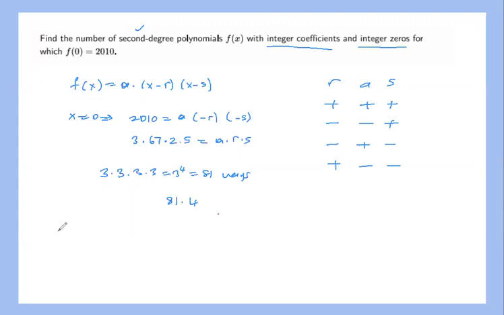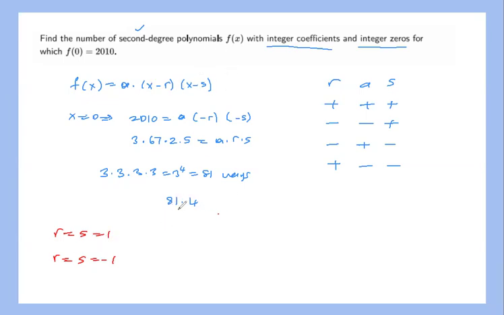So what are those? If I choose r and s to be the same, r and s equal to 1, that's going to be just one polynomial. There is no swapping. And the same thing with r and s equal to -1. If this is -1 for both, then there is only one polynomial, not two.